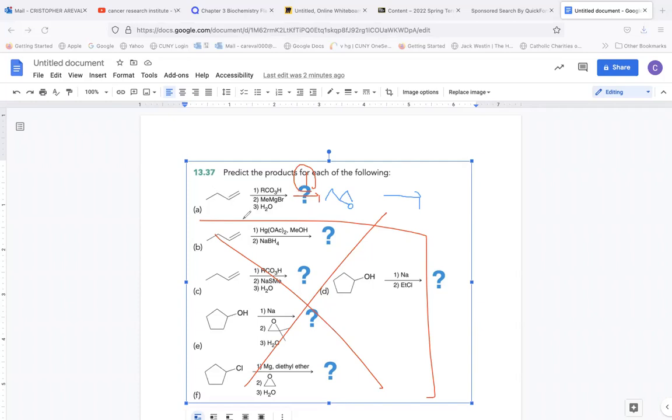Wait, so it doesn't matter where the oxygen goes on the triangle? What do you mean? Like the oxygen right now is on the bottom right corner. Why can't it be on the top? What oxygen are we talking? Like here? Yeah. Oh, you're talking about the oxygen, right?